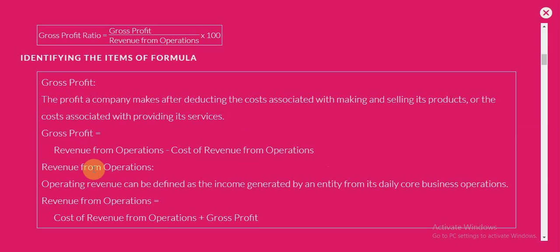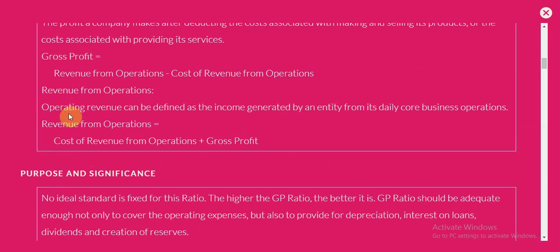Next, revenue from operations is the operating revenue that is generated by a business. It can be defined as the income generated by an entity from its daily core business operations. So here you need to segregate between income from core business operations and income not from core business operations.